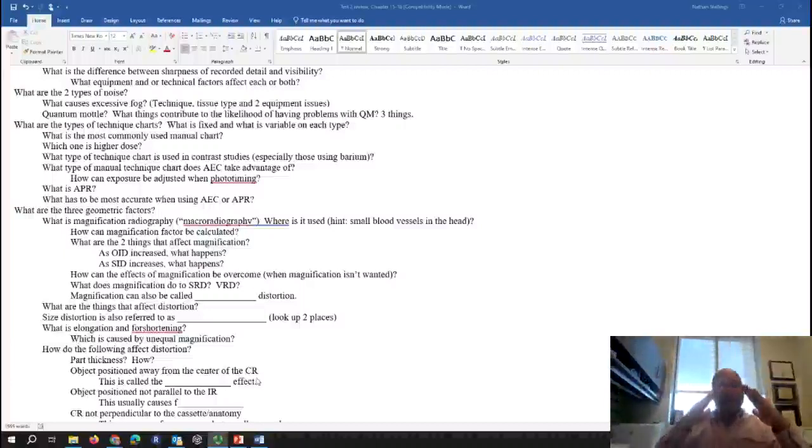Because of the divergence of the central ray, what's in the periphery is going to be projected as if we had an angulation in our central ray. So what is furthest out in the periphery is going to be affected more by angulation of that divergence of the central ray. That's basically the parallax effect.